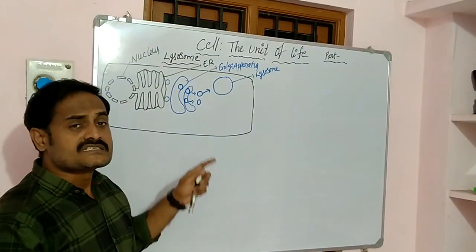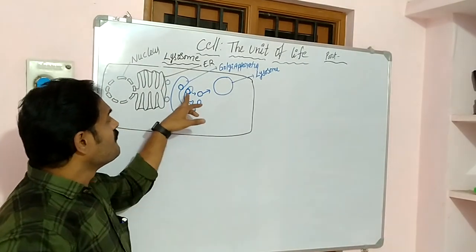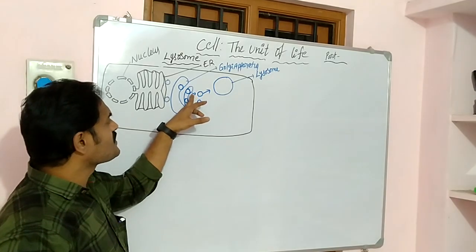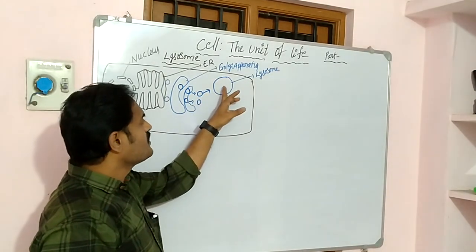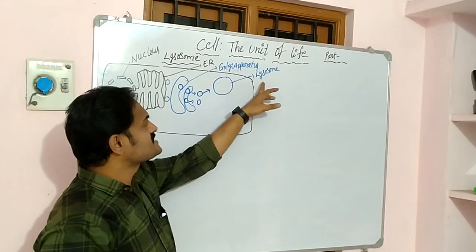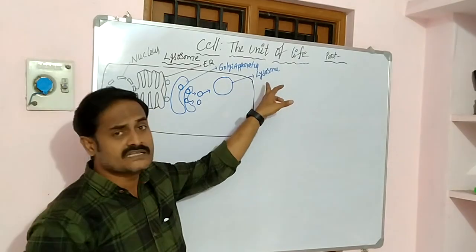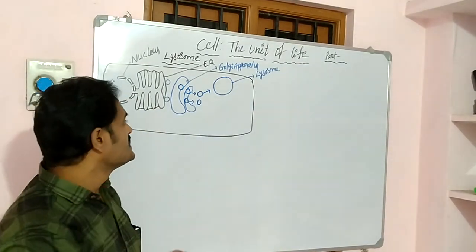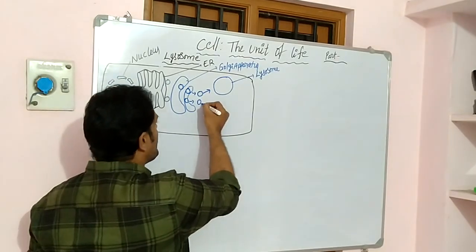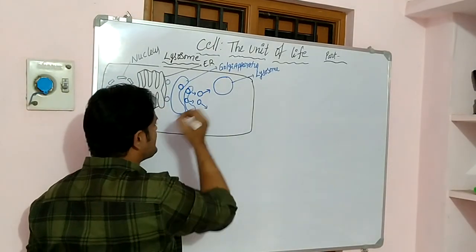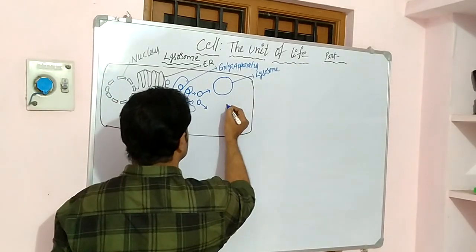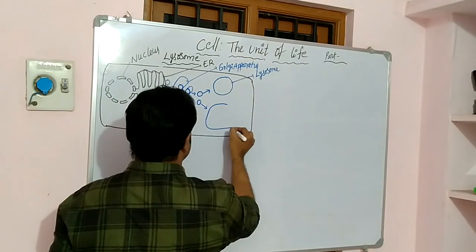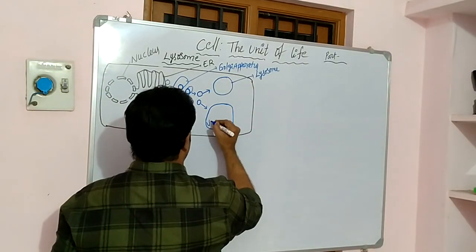Understood? Some of the vesicles which are released from the Golgi complex are modified into one more cell organelle called lysosome, as well as some other kinds of vesicles are modified into vacuole. See, this is the vacuole.